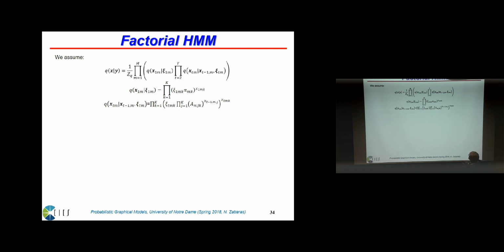So let's review fast. The joint variational approximation is written basically like this. This is for the initial state. We have to do this for every chain from 1 to M. So this is for the initial state in every chain m, and this is for each chain m, the transition from t minus 1 to t.